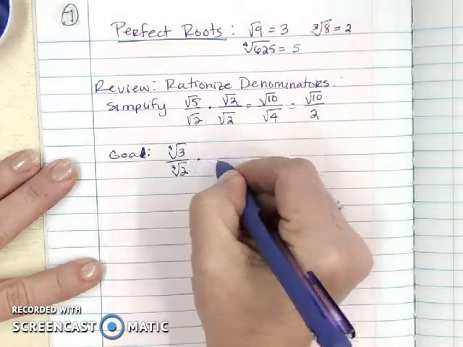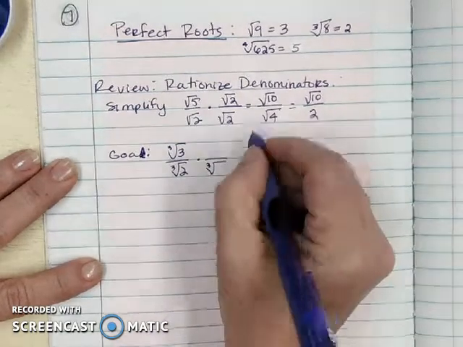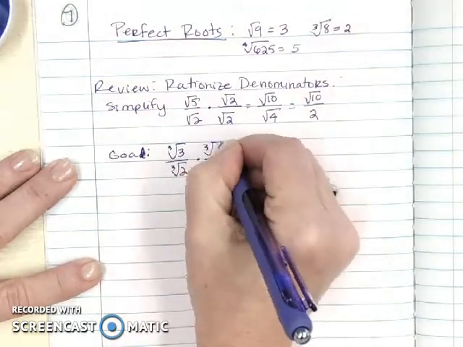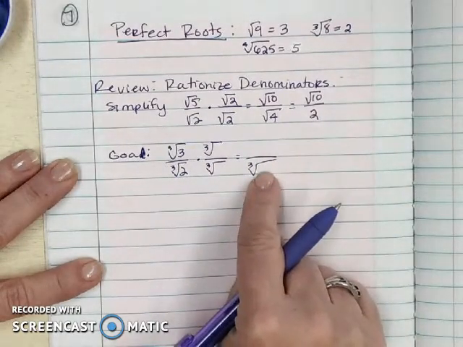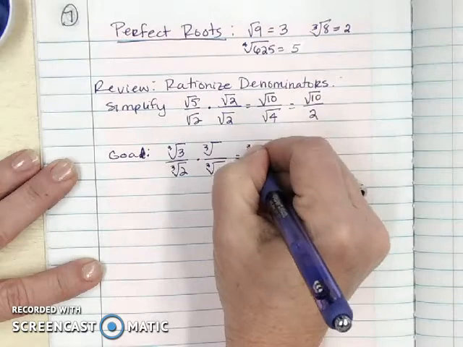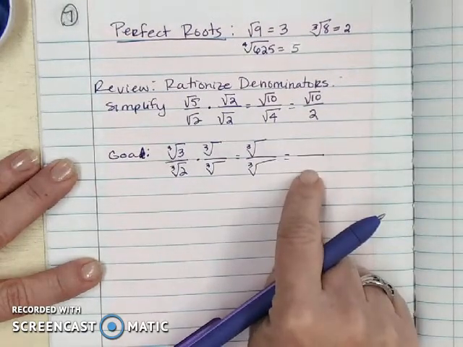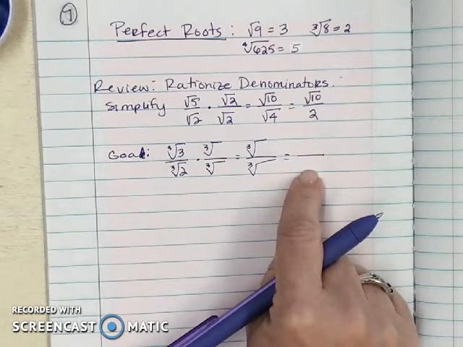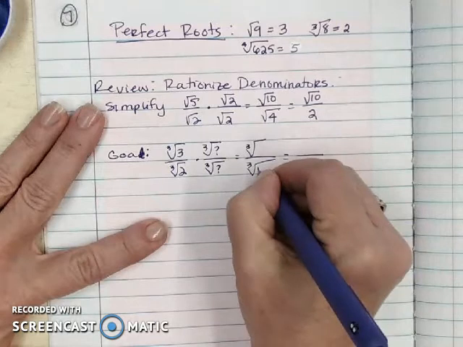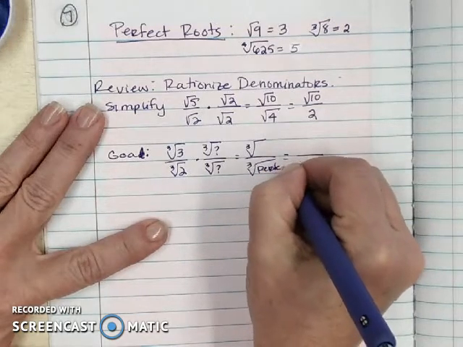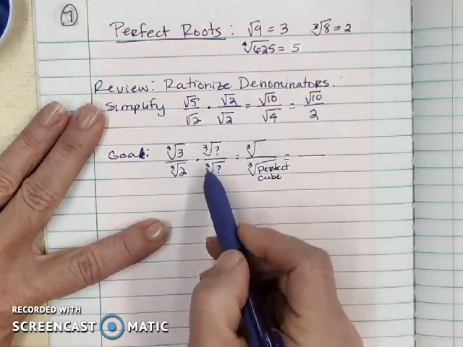So I've got to multiply by the cube root of something to give me a perfect cube over here so that when I simplify it, I don't have a radical anymore. I've got to multiply by something right here to give me a perfect cube here, because I'm taking the cube root.